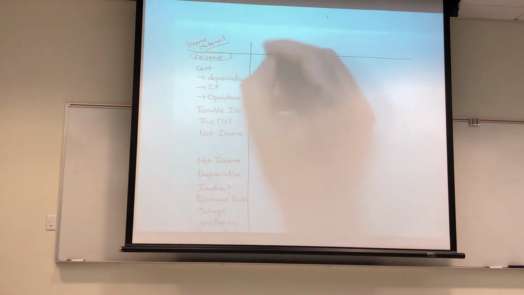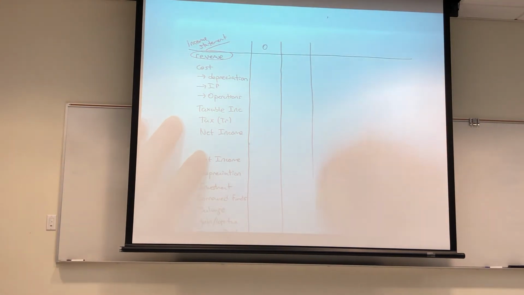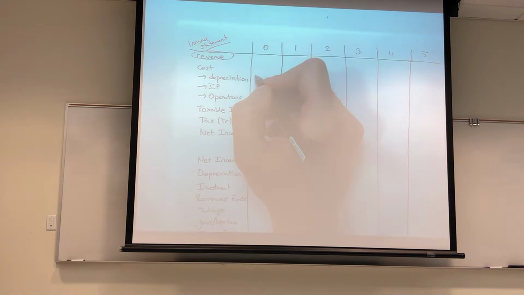So our revenue, we're going to put this. Okay. So our revenue is given as $95,000. Do we have revenues in year 0? You all should know. No, we don't.